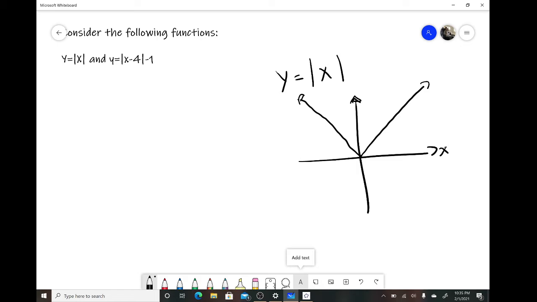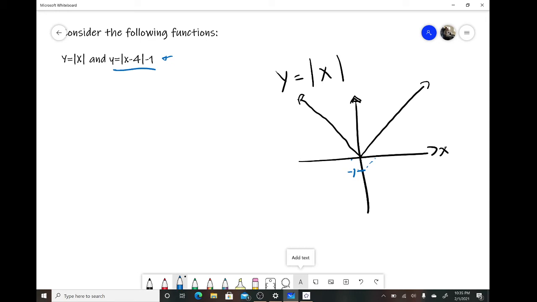For our graph that we have here, if we notice, we have a negative 1 as a value outside of the absolute value. That means that our parent function is going to drop down 1 unit to minus 1. So we will have some negative values here and here.